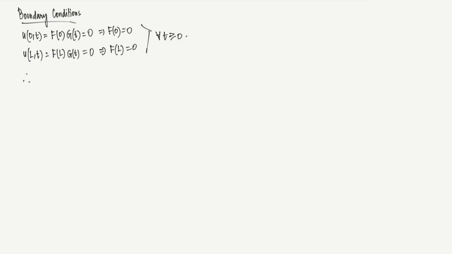Therefore we have the equation F double prime minus k times f equals 0, and moreover f of 0 equals f of L equals 0. Those two conditions are given here.